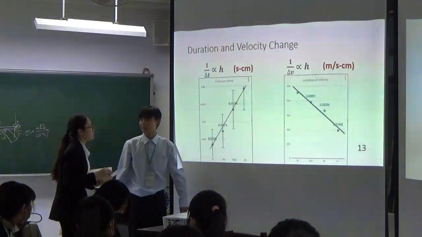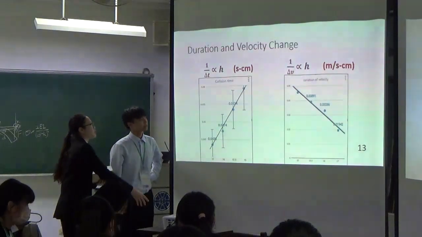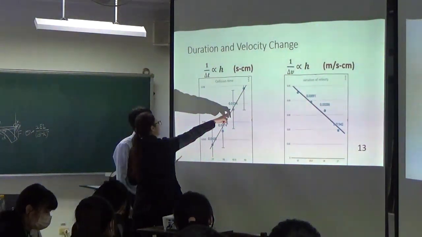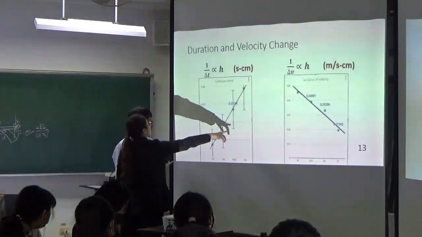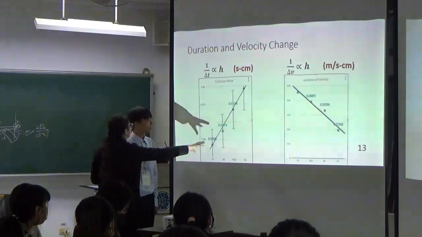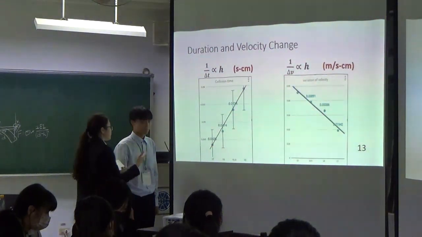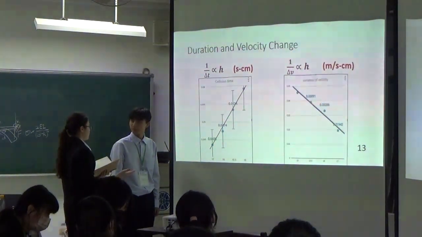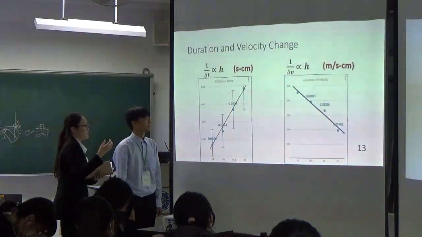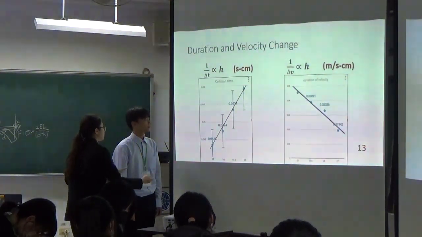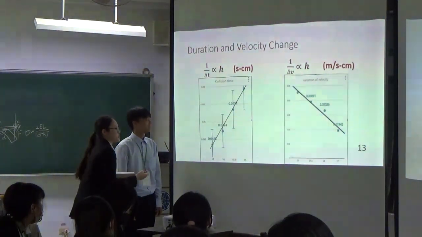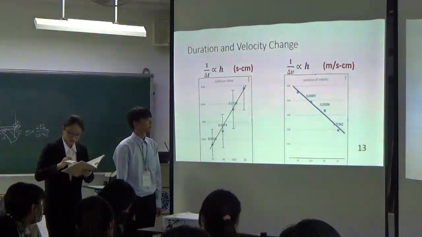Okay, so maybe the real number is not really big, but for these data points, the error bar will even contain another data point. It's really close. So I think you need to make your experiment more accurate. Maybe you need to change the way you release the ball, so the error bar won't be that big. Do you agree? Okay.